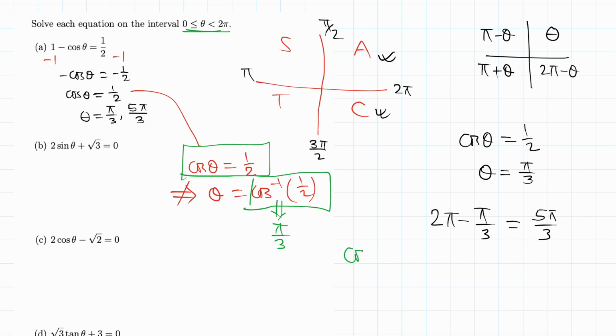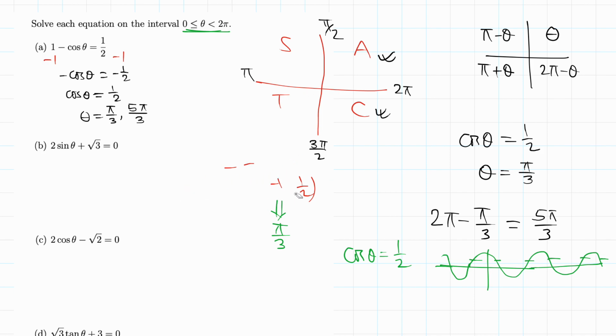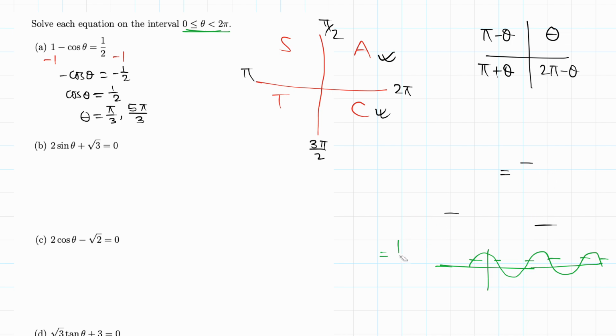In reality, if this restriction is not given, then there will be infinitely many correct answers, because the cosine graph goes on forever, and 1/2 is achieved in infinitely many places. So we can go through this quadrant rule or go to the unit circle, then just look at the corresponding coordinate. Cosine means x, sine means y coordinate.